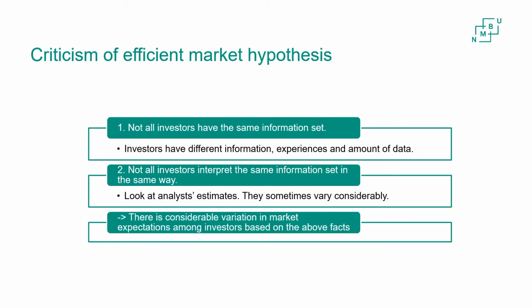But the efficient market hypothesis does not come without criticism itself, because if you look at all investors in the market, everyone has different data, and everyone processes this data into different information sets. This means that every single individual has a different experience and interprets the data differently.